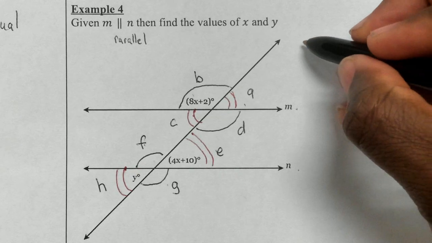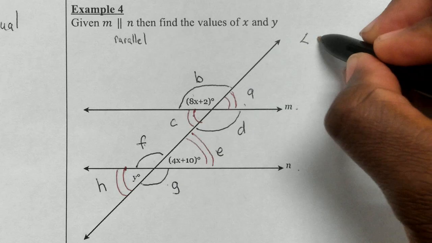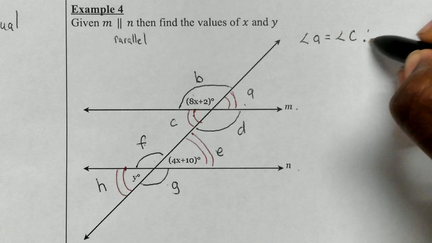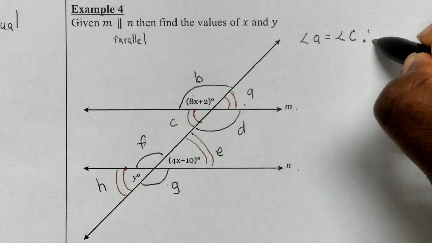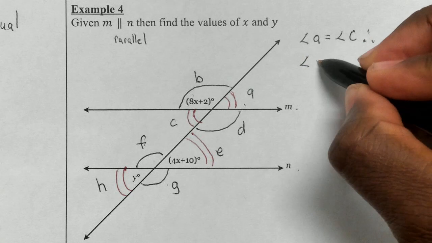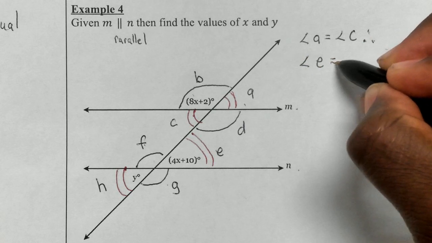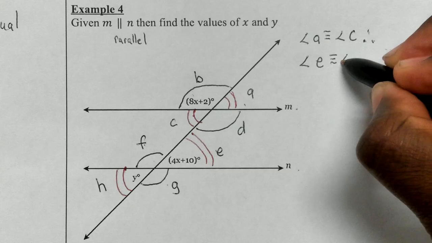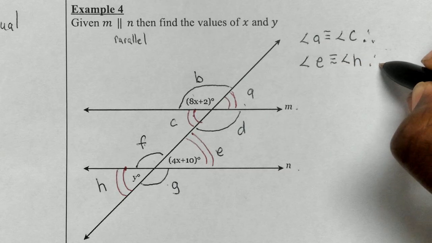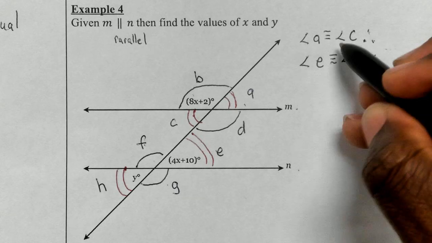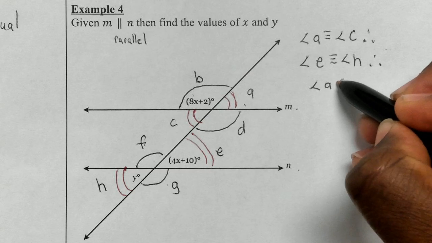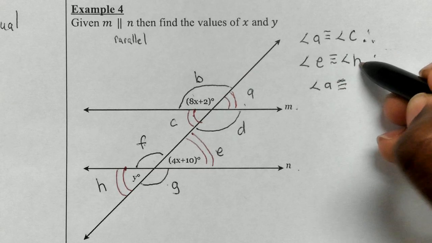They'll state that angle A is equal to angle C, therefore, so these 3 dots mean therefore, okay, angle E is equal or equivalent to angle H. Therefore, because of those 2 reasons, we could say that angle A is equivalent to angle H.